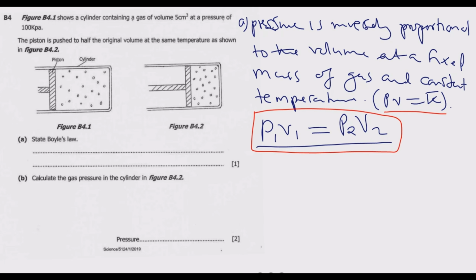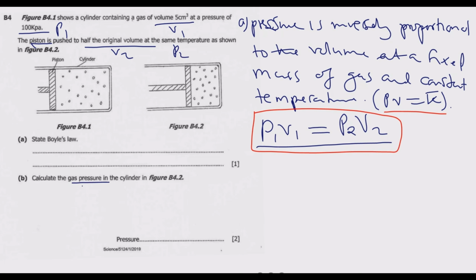We know volume 1, then we know pressure 1, P1, then we are told that when the piston is pushed, the volume is halved, so this is volume 2. Then the question is asking us to find the pressure, which is P2.